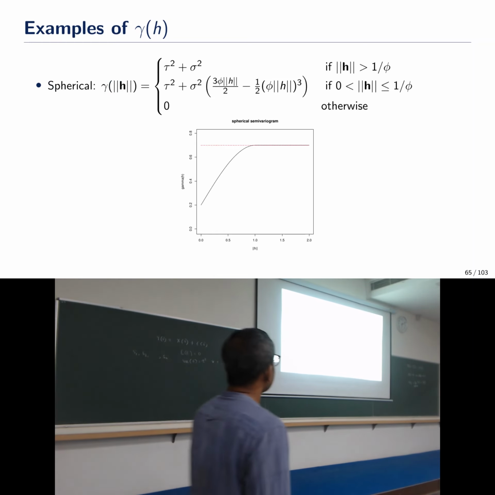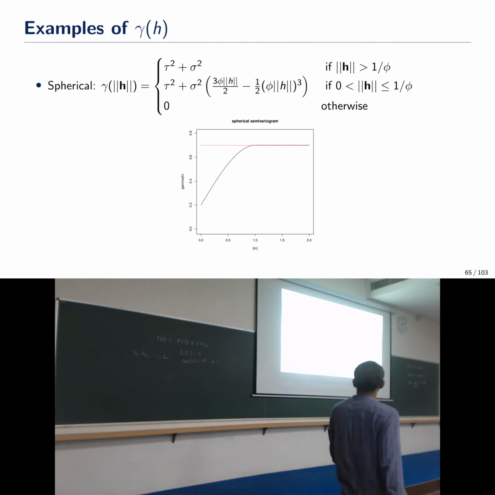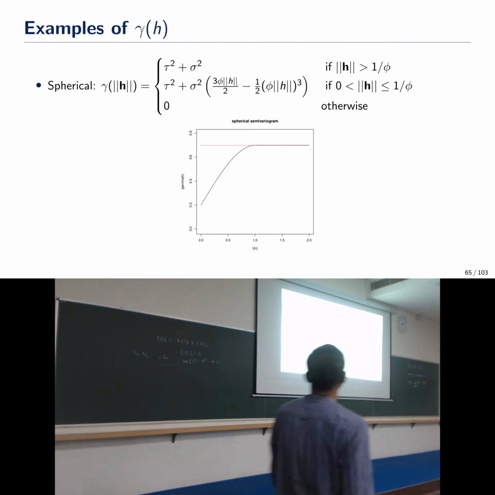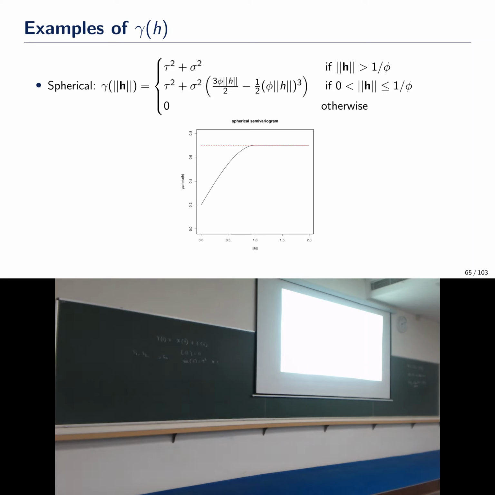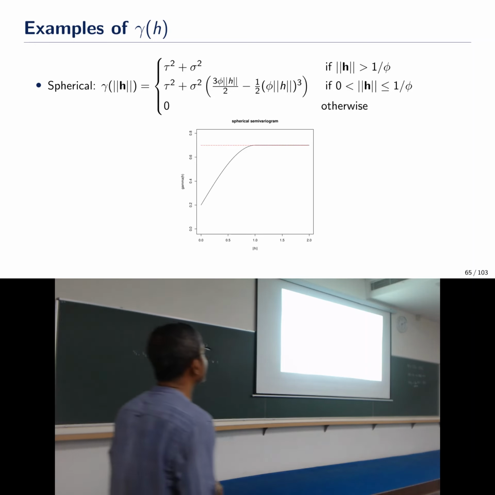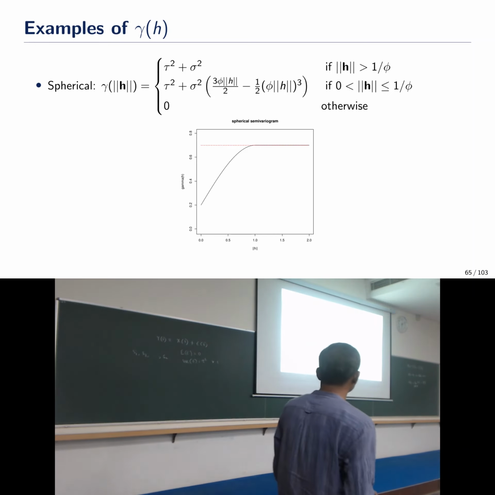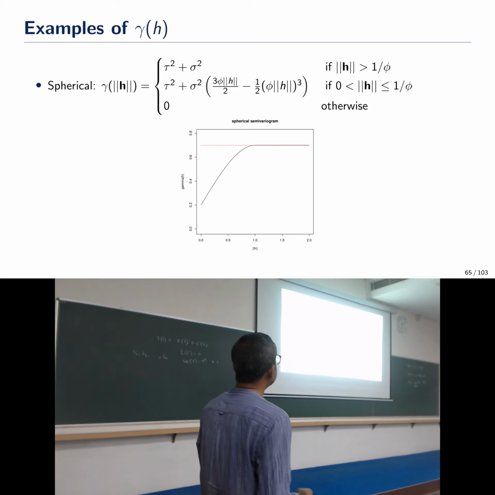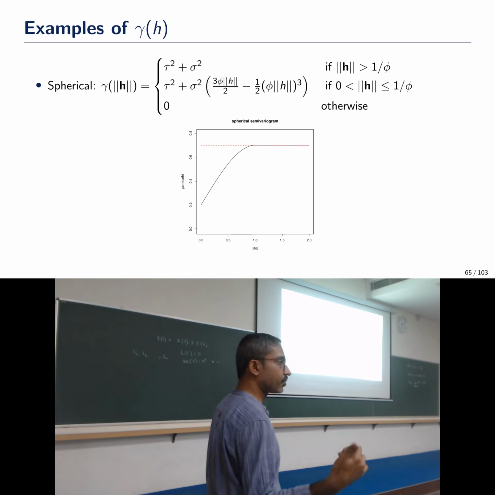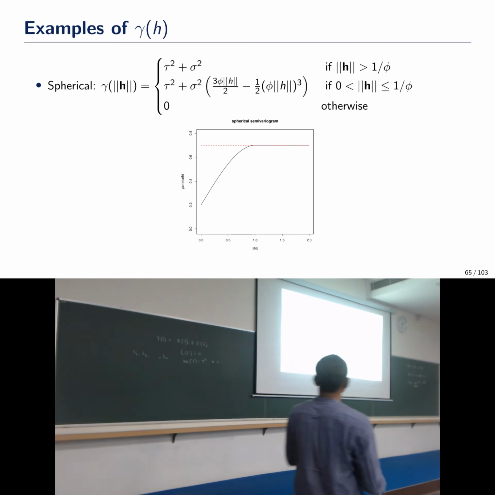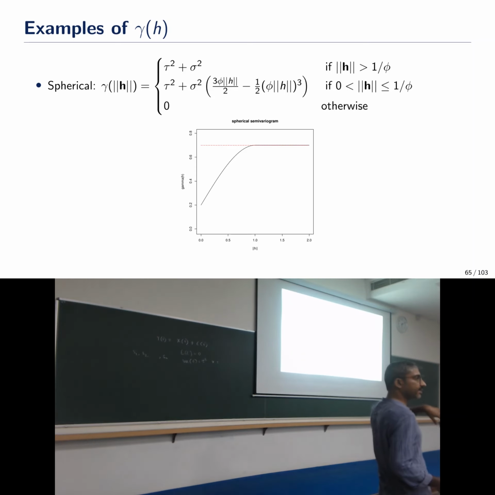Okay, so another interesting semi-variogram function is the spherical one. Now this one, apart from this nugget, has two other things. One is this 1 by phi, which is called the range, and as you can see, as my norm of h goes to infinity, this converges to tau square plus sigma square.